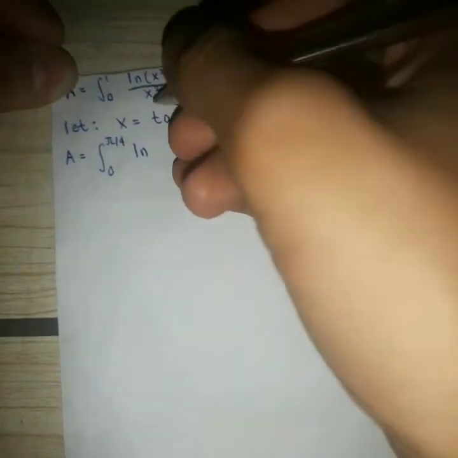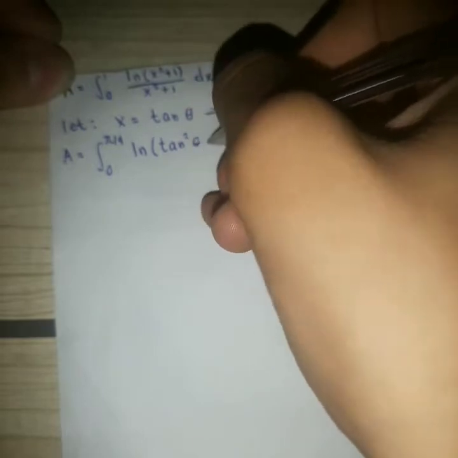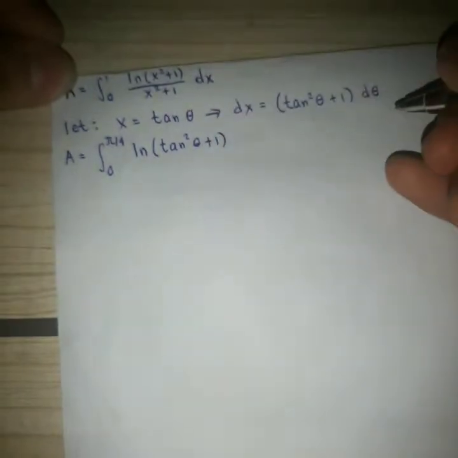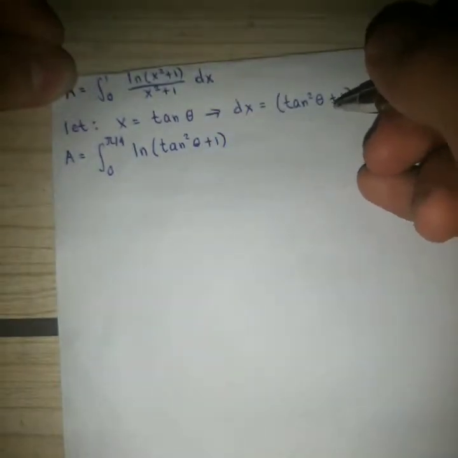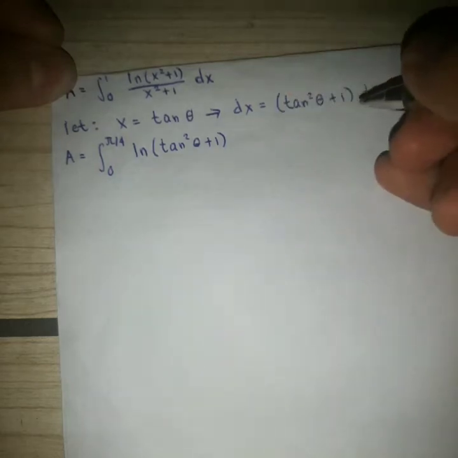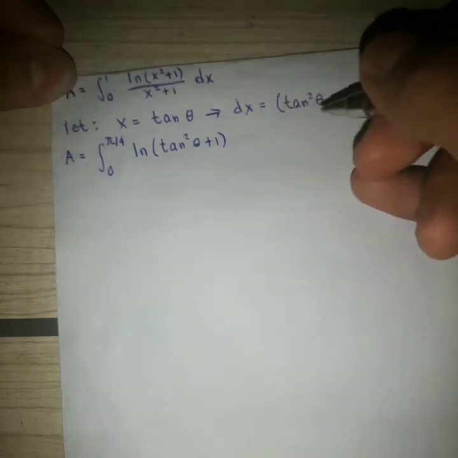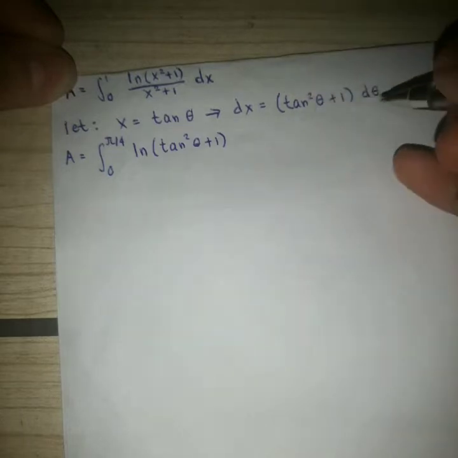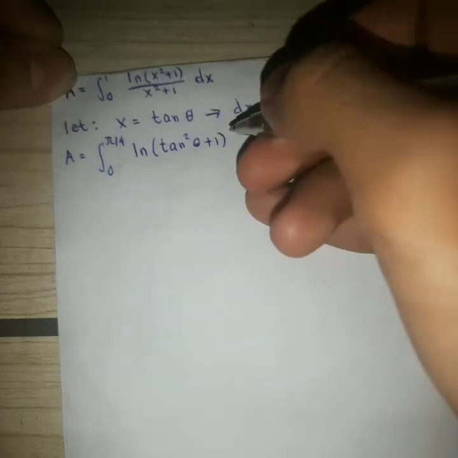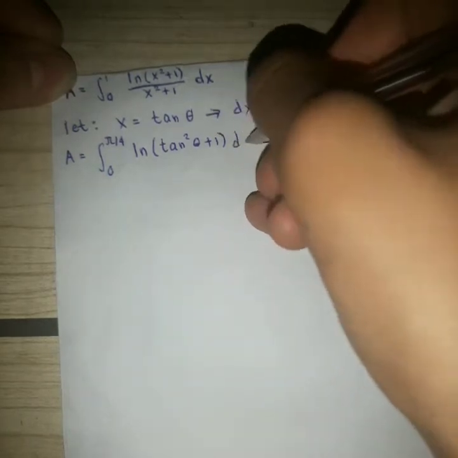And here we will be substituting x as tangent theta, and we will get tan squared theta plus 1. And since d theta is dx over (x squared plus 1), it will become just d theta.